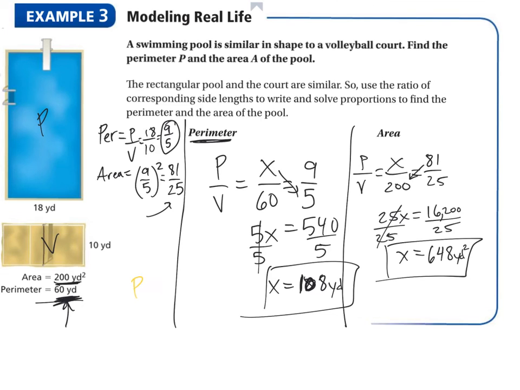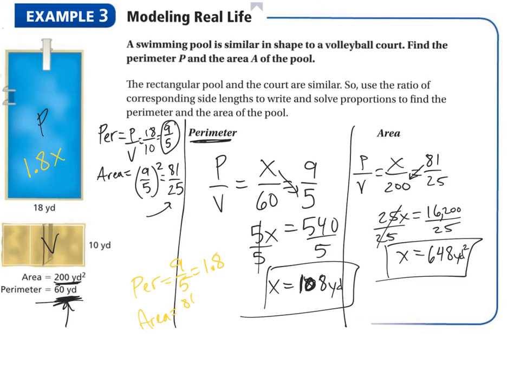So the perimeter was 9:5, right? So if I take 9 divided by 5, I get 1.8. So we could say that the perimeter of the pool is 1.8 times larger than the volleyball court. Okay, but when we look at the area, look what happens.